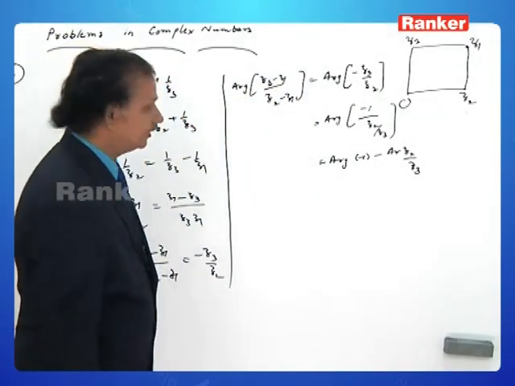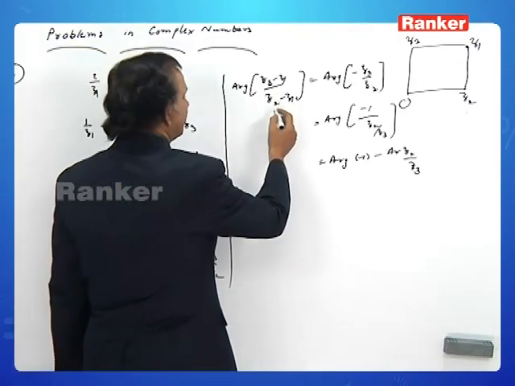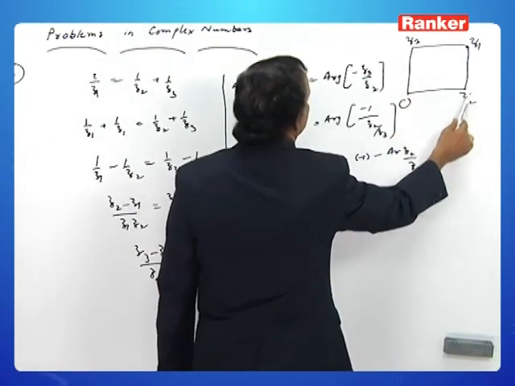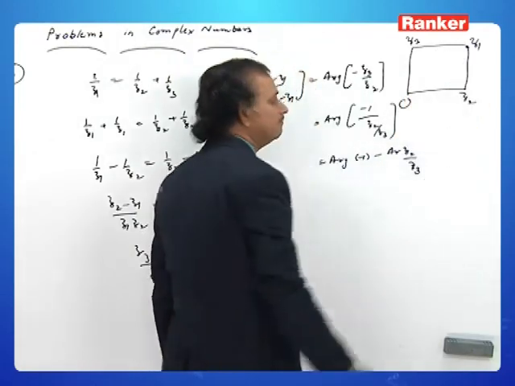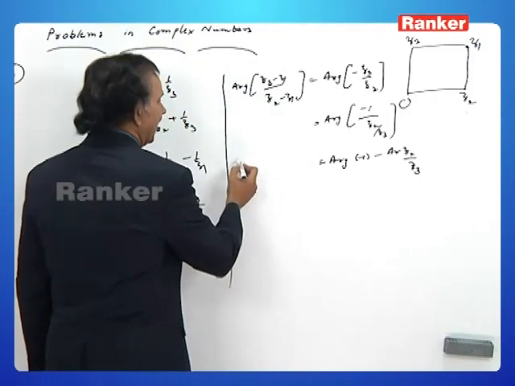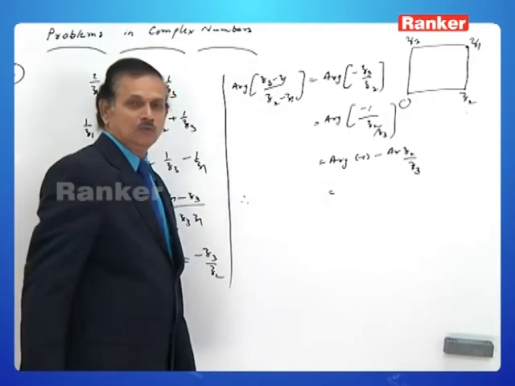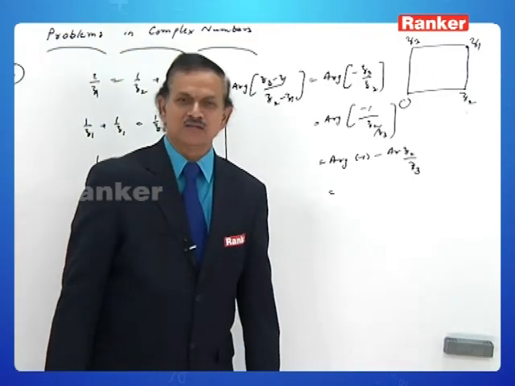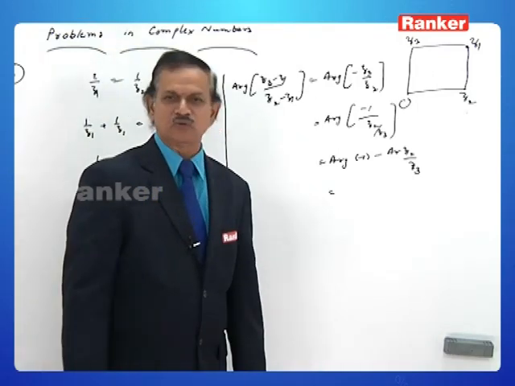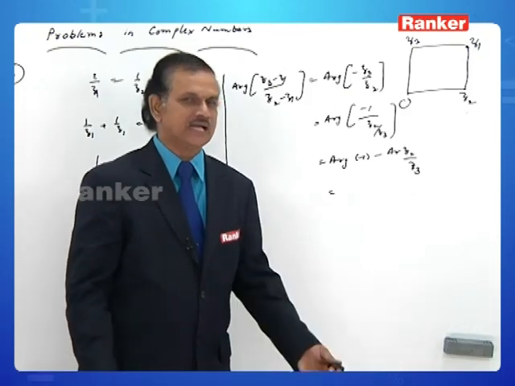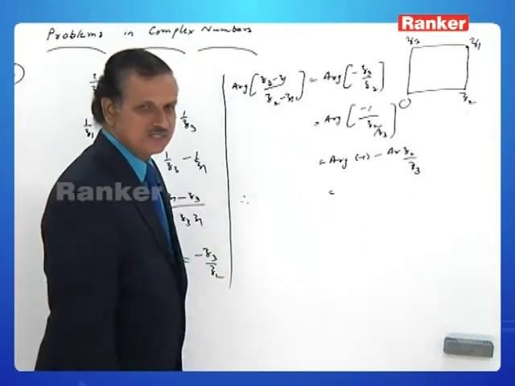Well, what is (Z3 minus Z1) by (Z2 minus Z1)? Is it not this angle? Therefore, what is argument of minus 1? If you express minus 1 in mod amplitude form, it is nothing but cos pi plus i sin pi. Hence, its argument is pi.